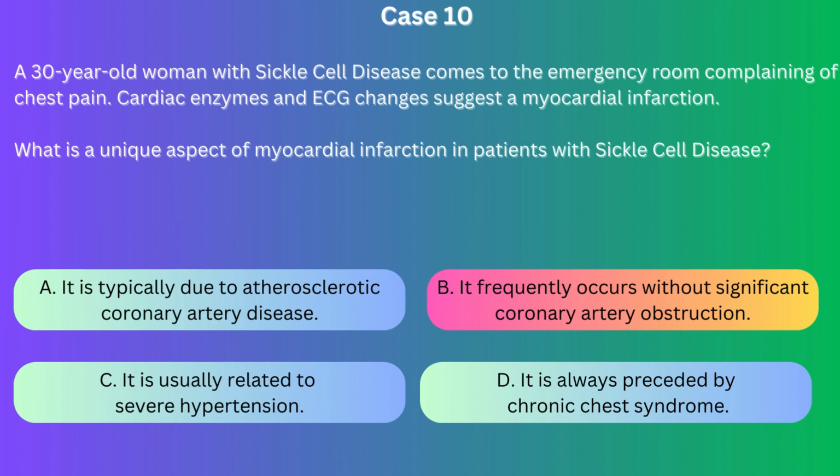This differs from the typical myocardial infarction seen in the general population, where atherosclerotic plaque rupture and thrombosis are the primary causes. It's crucial for clinicians to recognize this difference, as patients with sickle cell disease may present with myocardial infarction at a younger age and without traditional cardiovascular risk factors.